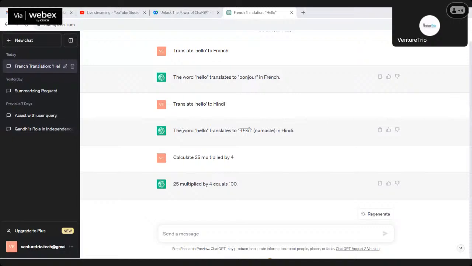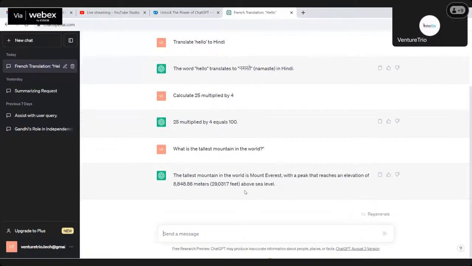Our third example is an information query. Let's try to get any type of information. What is the tallest mountain in the world? The tallest mountain in the world is Mount Everest, with a peak that reaches an elevation of 8,848.86 meters, and it also gives the height in feet above sea level.